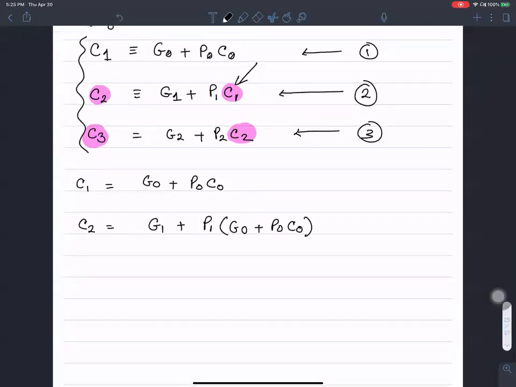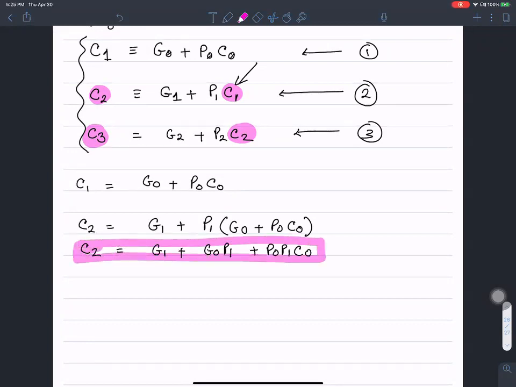So this comes out to be G1 plus G0 times P1 plus P0 P1 times C0. Does that make sense? Can anybody tell me what is the use of doing this? It seems like I'm complicating my circuit. Why would I want to do this?